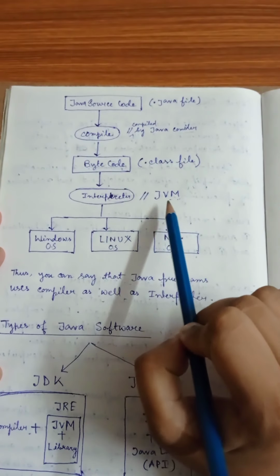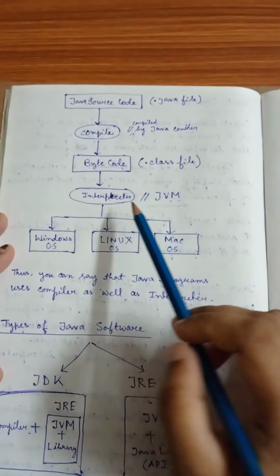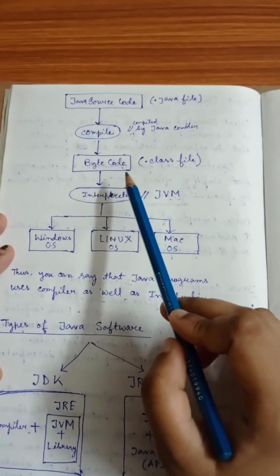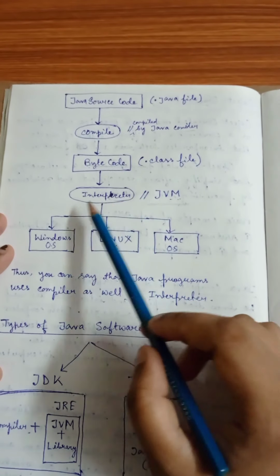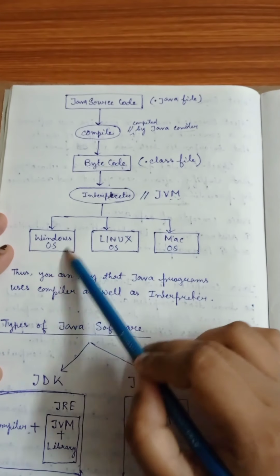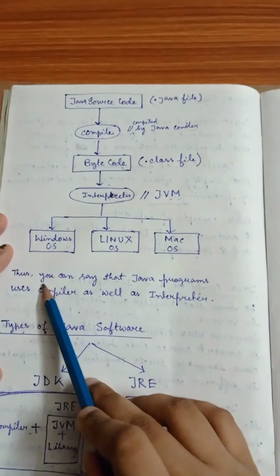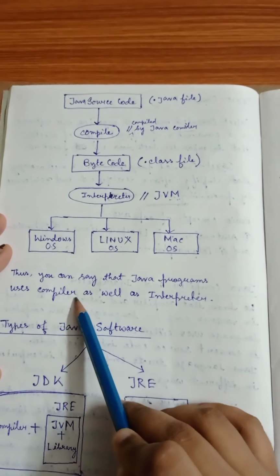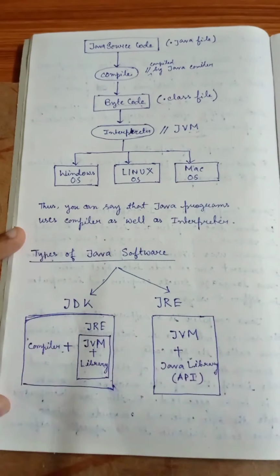Java interpreter's name is JVM, and JVM converts this bytecode into machine code. But you have to download JVM for the specific operating system. Thus, you can say that the Java program uses compiler as well as interpreter.